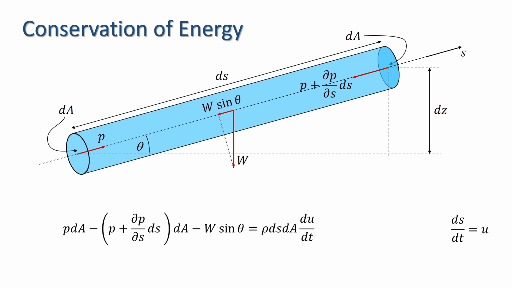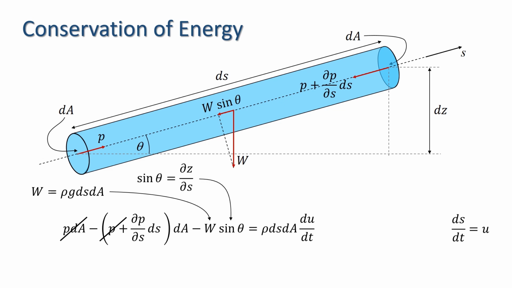Let's unravel this. First, we note that the p dA terms cancel each other out. Now, we know that the weight of the fluid in the stream tube W equals rho g ds dA, and that sine theta equals dz/ds. We also know from the chain rule that du/dt can be written as partial du/dt plus du/ds times ds/dt.